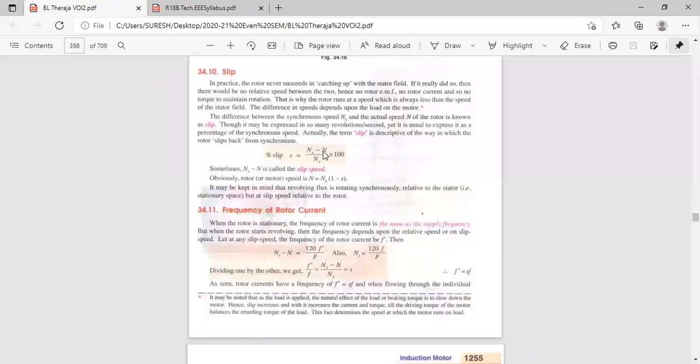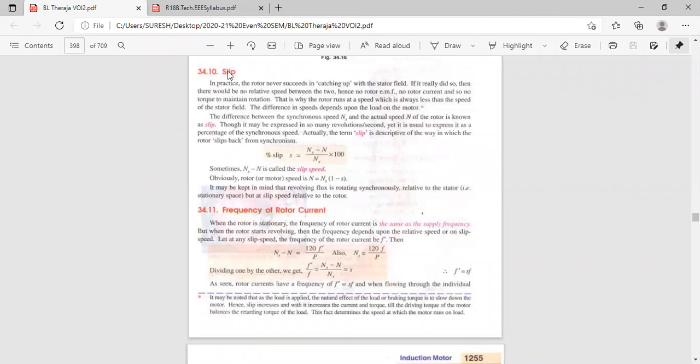That means it is in the standstill condition. If n is 0, what is the slip S value? Ns by Ns, which is 1.